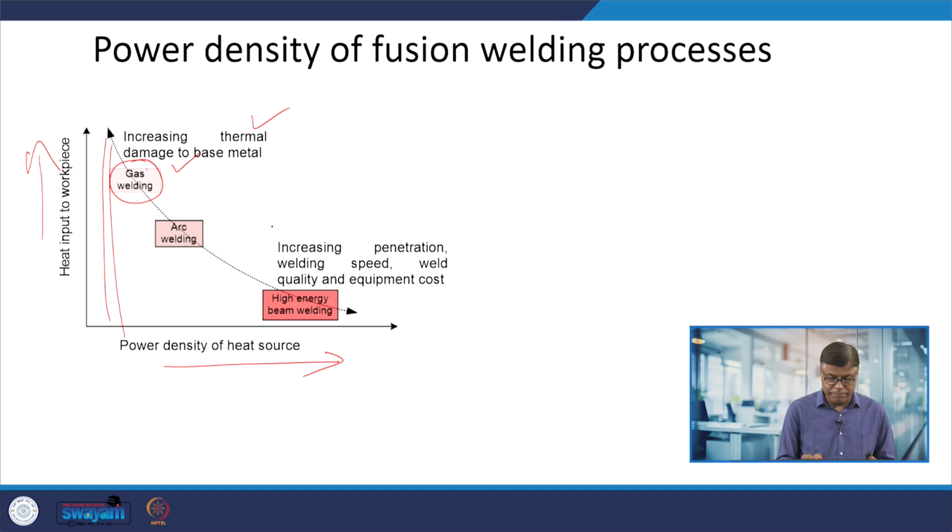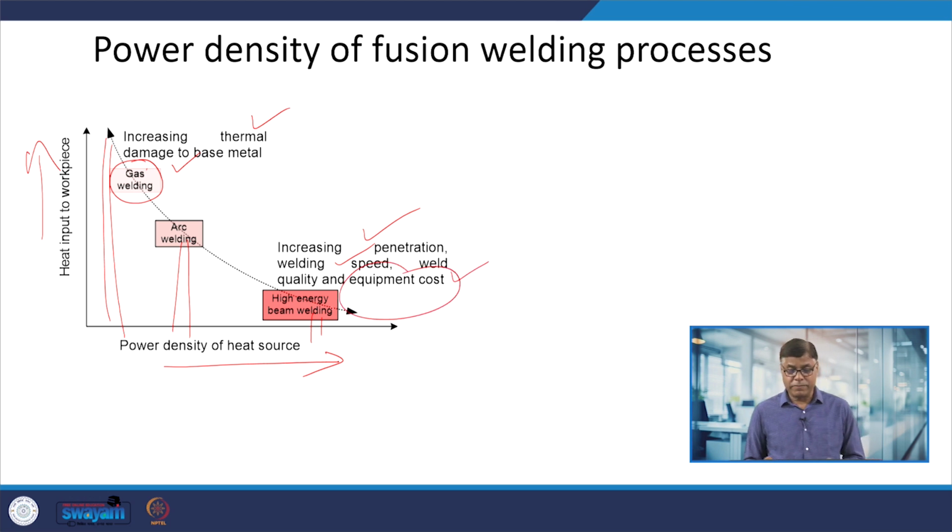For arc welding processes having a little higher power density, this kind of thermal damage is minimized. But when we are working with high power density processes like electron beam and laser beam, our penetration depth is increased, welding speed is increased, weld quality is enhanced, but the equipment cost is high.